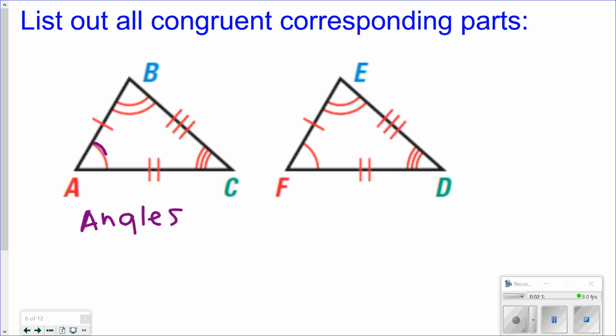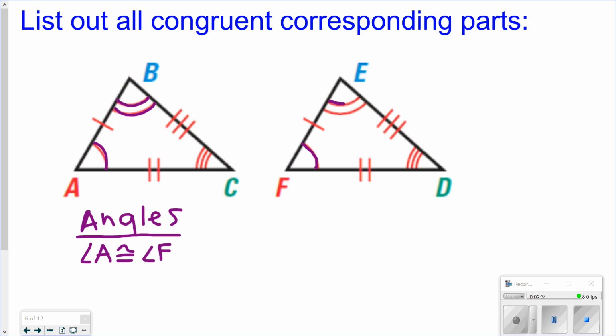We notice one tick mark at this angle and one tick mark at this angle here. One tick mark means that those measures are the same. So angle A is congruent to angle F. If we look at angle B, we have two tick marks here. Which angle would match up with angle B?